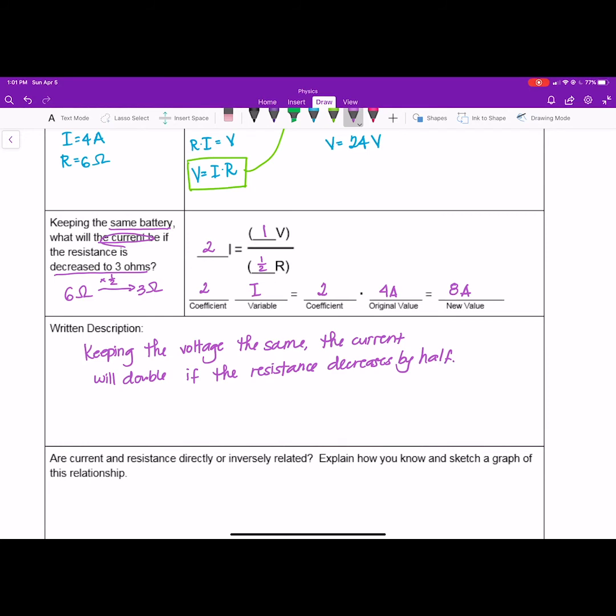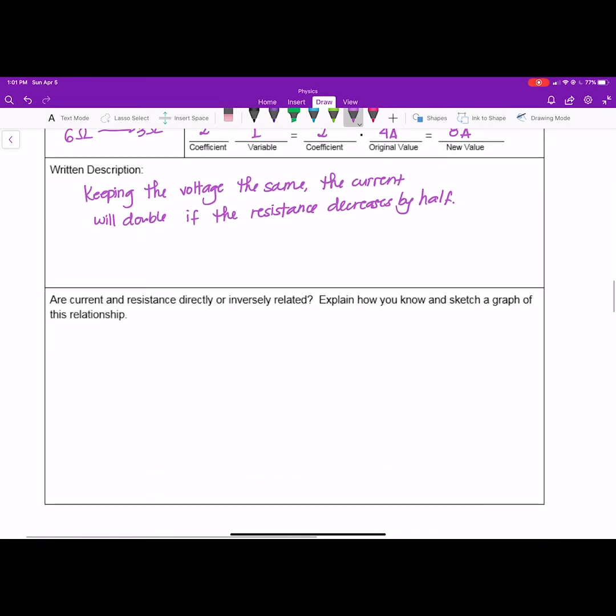And let's go ahead and write why it does that. So, like in our lab, we had our graph of resistance versus current, and we had this shape going. And from our whiteboard discussions, this is called an inverse relationship.